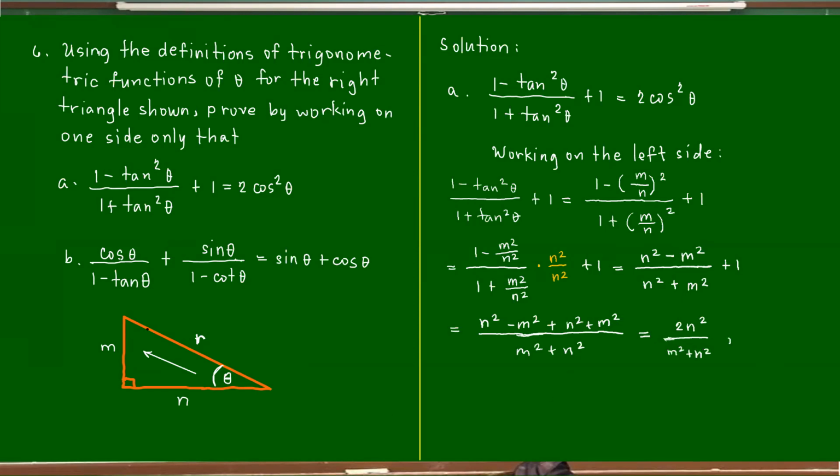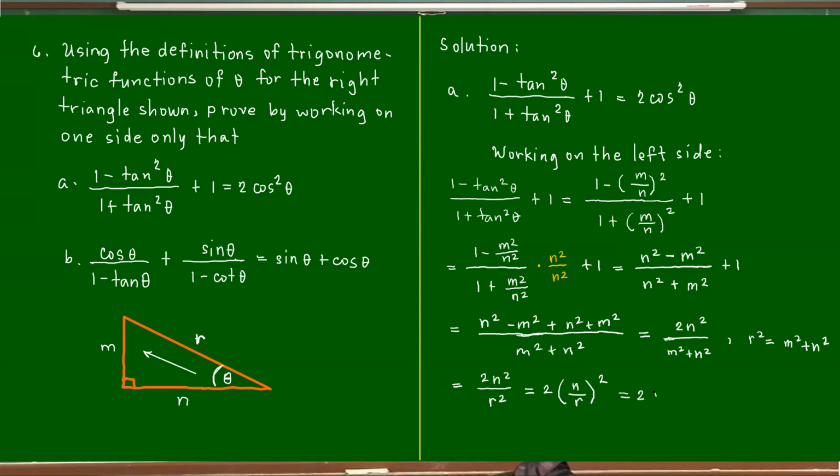But we know that from this right triangle, r squared is equal to m squared plus n squared. Is that correct, children? Yes, sir. So what is now the denominator? R squared. And this is equal to 2 times n over r, quantity squared. What is n over r?